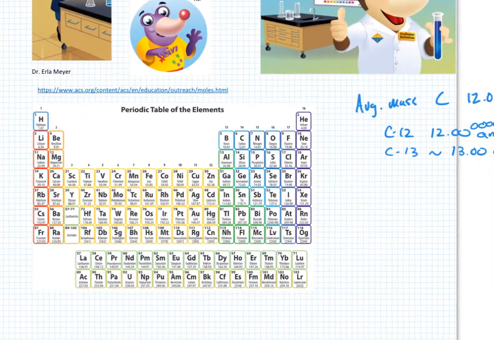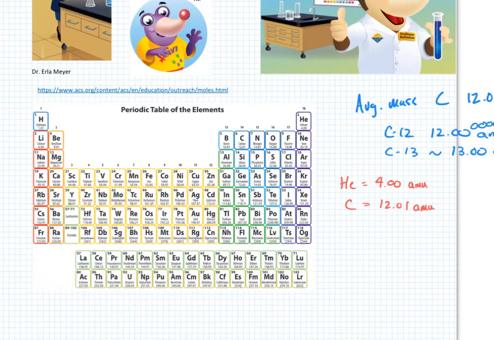So here's the periodic table, and we've got all these different elements on it. We've got carbon, which is 12.01 a.m.u.s, and we've got something like helium, which is 4.00 a.m.u.s. So would you agree with me that helium and carbon, and I should put the units on these just to be consistent and for good practice.